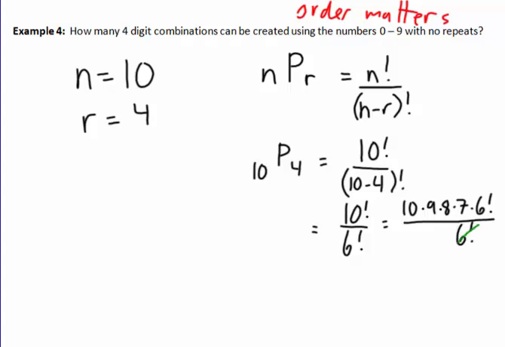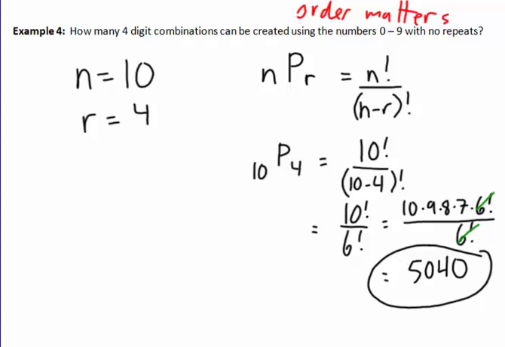The 6 factorials cancel out, and we just figure out what 10 times 9 times 8 times 7 is, and we get a value of 5,040 different combinations.